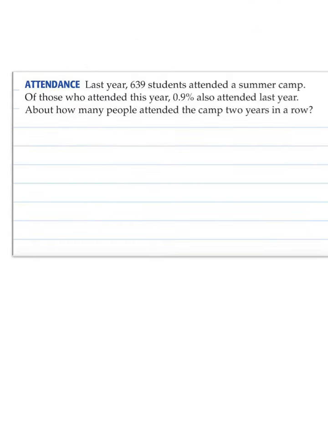All right, one more example for you. Last year, 639 students attended a summer camp. Of those who attended this year, 9/10% also attended last year. About how many people attended the camp 2 years in a row? Okay, so about means we're estimating. Last year 639, which I'm going to round, is approximately 600 students.